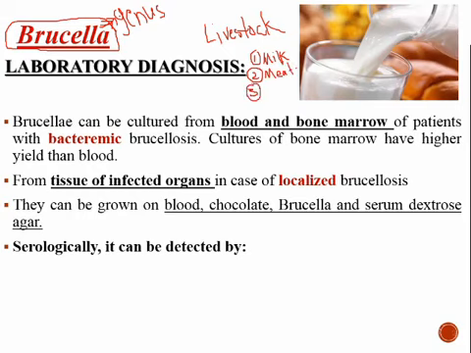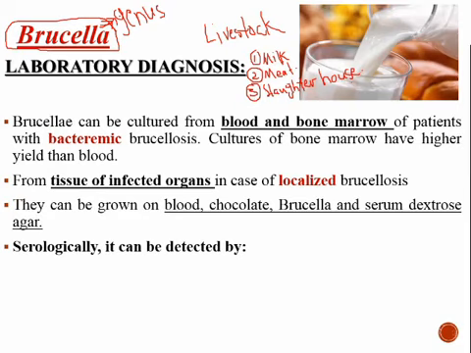The third route is in slaughterhouses, if there is direct contact with the tissues of the infected cattle.